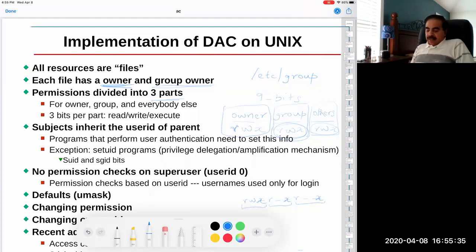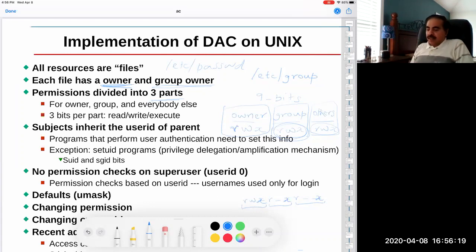Then there is this notion of administrative user or root, which corresponds to a user ID of 0. Again, in Unix, there are user names and user IDs, which are numbers. The mapping between user IDs and user names can be found in the /etc/passwd file.